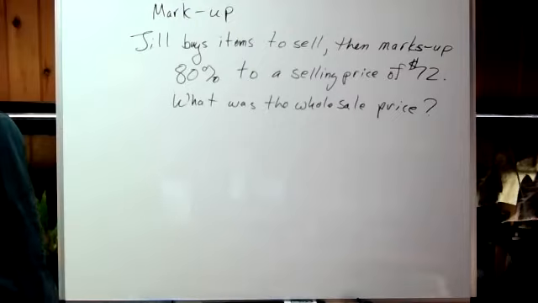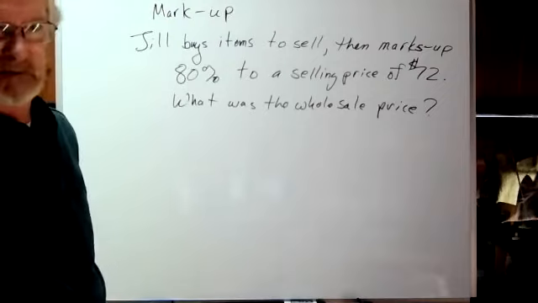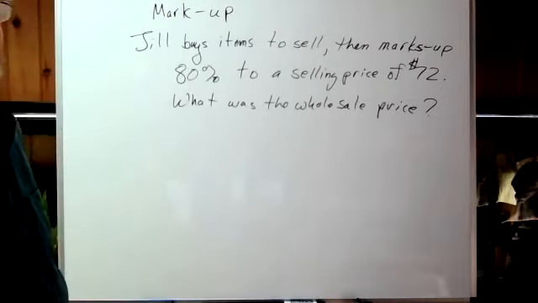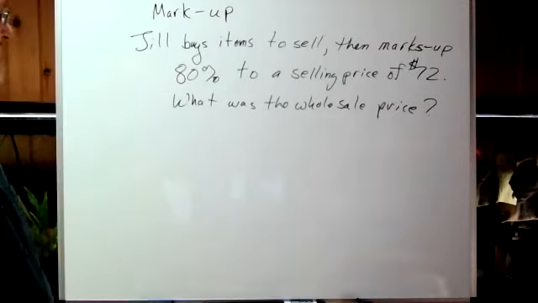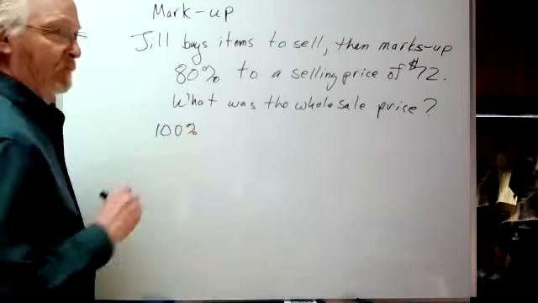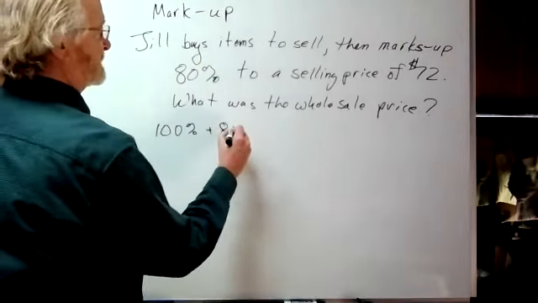And this is more like the percent increase rather than the percent decrease, right? She's adding 80% to her costs. What percent do you pay? Well, she bought them for 100% of what she bought them for, duh, and added 80%.